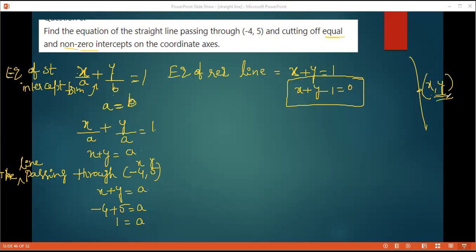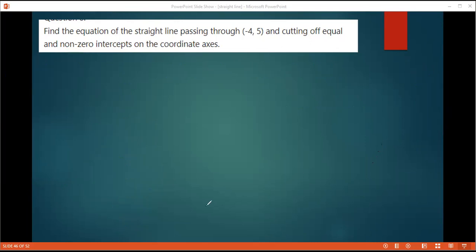This point has to satisfy the line equation. Whatever point you put in that equation must satisfy it. Any point which lies on the line satisfies its equation; that is a very important concept of straight lines. Let us move to the next question.